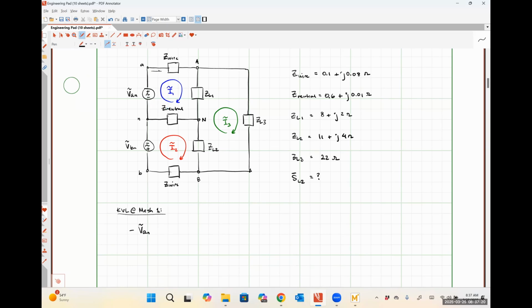So now I'm going through that impedance Z wire as I'm following that loop clockwise around this mesh. And so I'm trying to express the voltage drop across that impedance Z wire in terms of any mesh currents that flow through it. So what's the only mesh current that flows through that Z wire that I have the black arrow pointing to? I1, okay? So using Ohm's law, I'm just going to have plus Z wire times I1.